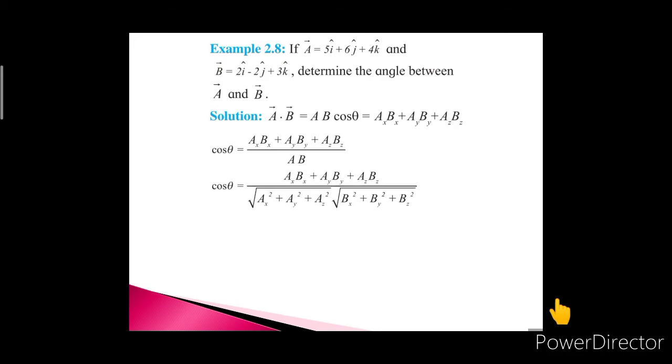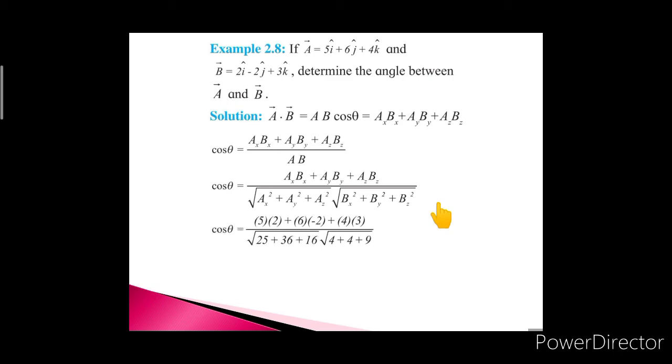In the next step, we are supposed to write down the formula for A and B, which is the magnitude of vector A and vector B. So, A is the magnitude of vector A, which is to be determined as the square root of Ax square plus Ay square plus Az square. And B is the magnitude of vector B, which is to be determined by using the formula as square root of Bx square plus By square plus Bz square.